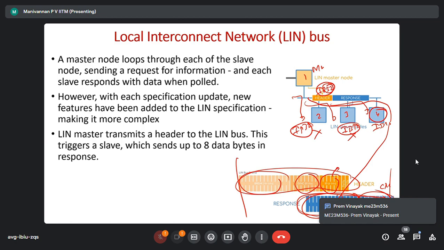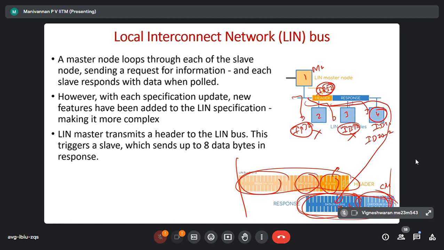From this, what do you understand? Can any node send any data? Each of these devices has different messages. For example, this node has IDs 20 to 25, this node has IDs 10 to 15, and this has IDs 0 to 10. Now the master says 32, sorry, in this case up to 32 or 35.